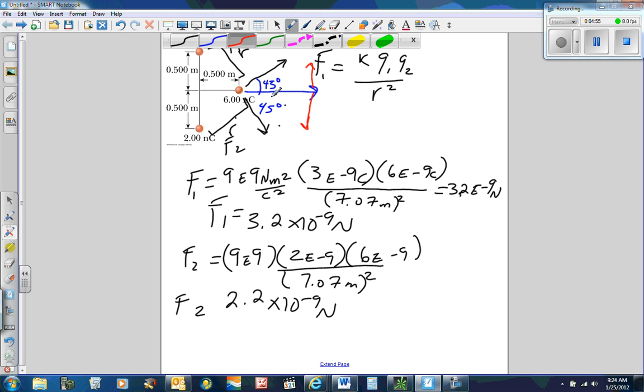Now, there's going to be two x's and two y's, and the y's are going to cancel out. Well, actually, they probably won't because they aren't the same. But basically, let's put our numbers here. This one is 3.2 nanonewtons, and this one is 2.2 nanonewtons.